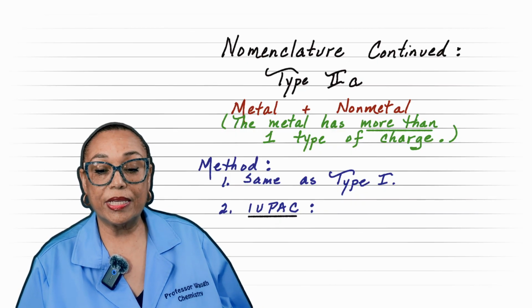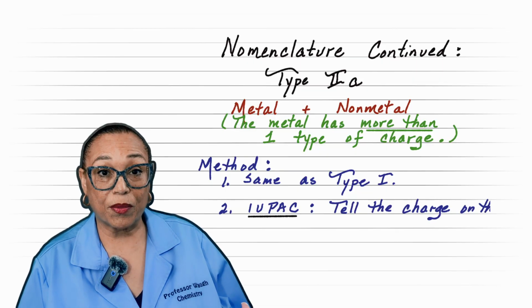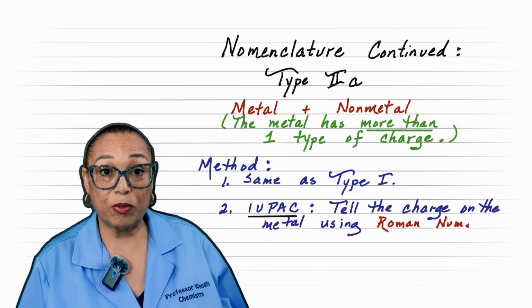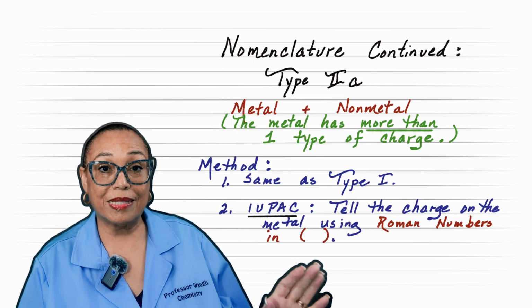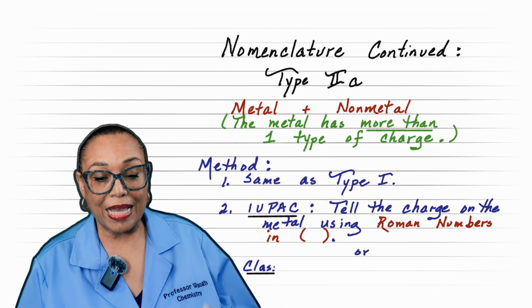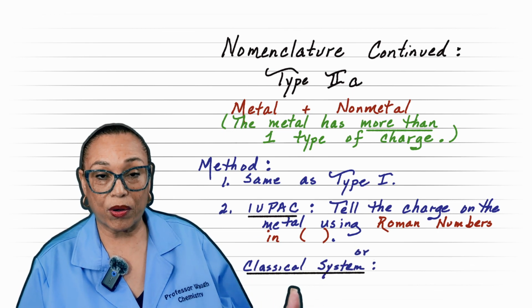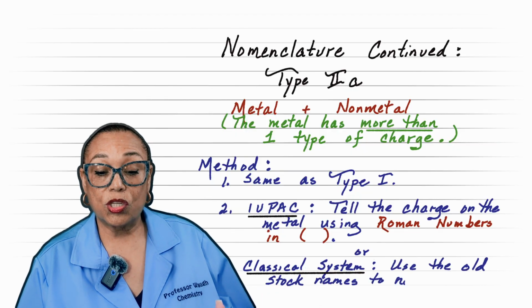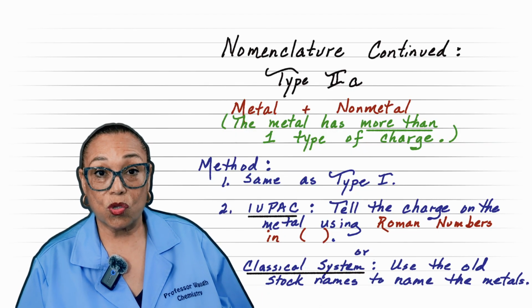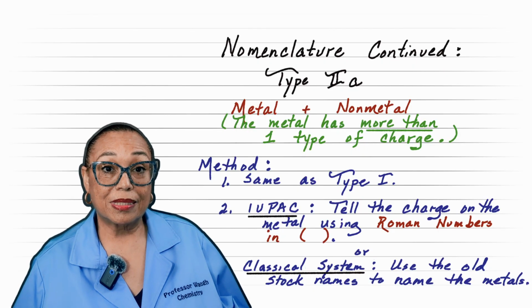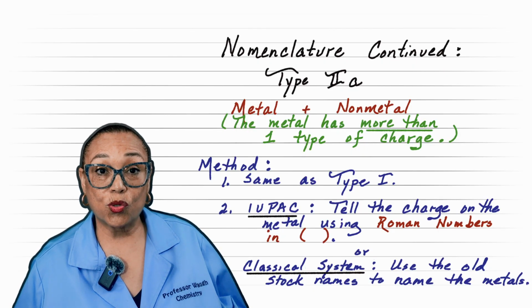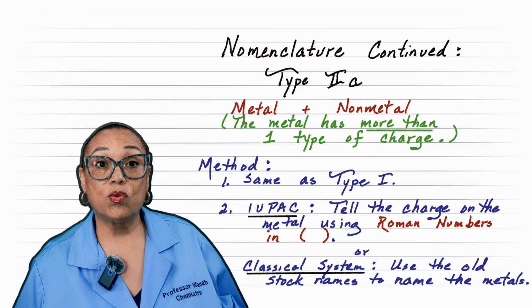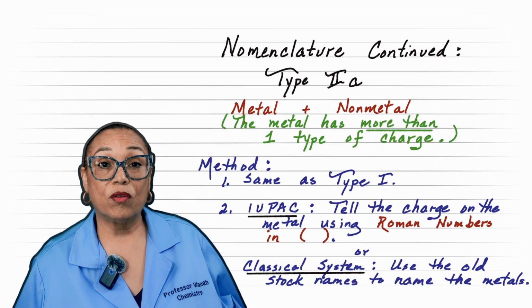All you have to do is tell the charge on the metal using Roman numerals in parentheses. Easy ka-cheesy. Now the classical system, the old American system, we use old stock names to name the metals. So I'm going to list those things out, stop the video, and make sure that you have it so that you have no problems going forward in nomenclature.